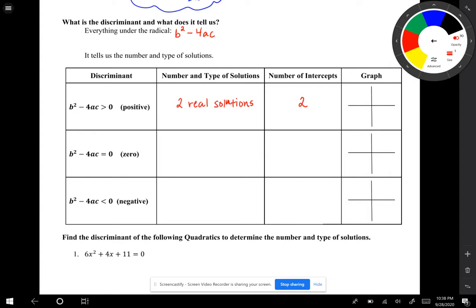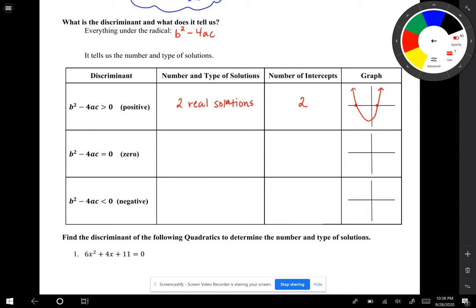That doesn't mean you have 4 total. You just have 2. It just means the same thing. And here's what the graph would look like. You would just have 2 intercepts, and you would plot them anywhere on the x-axis. That's what your graph would look like if the discriminant is positive.